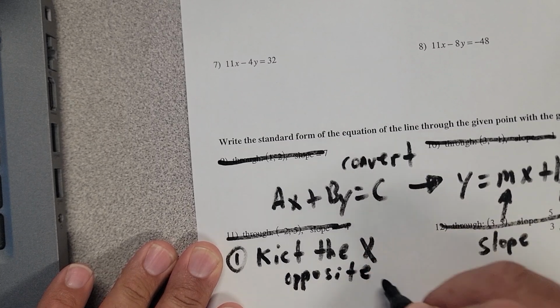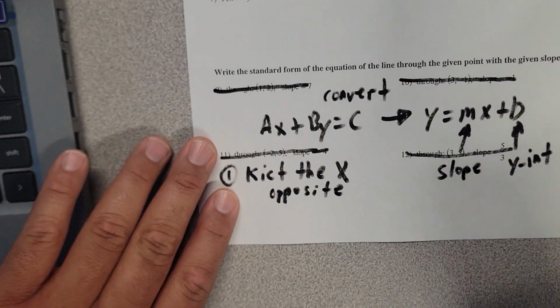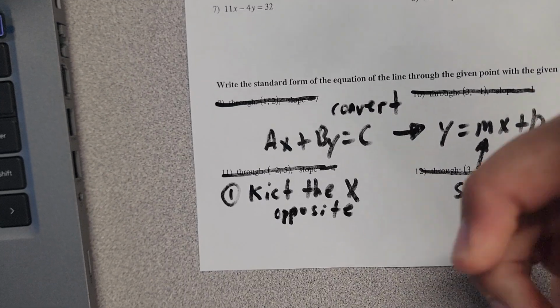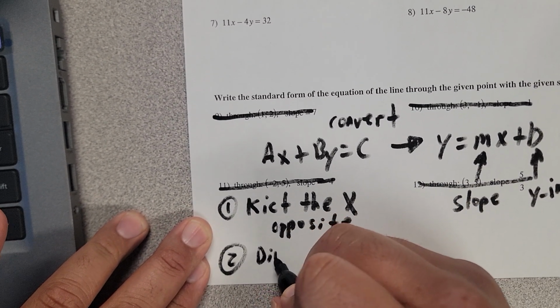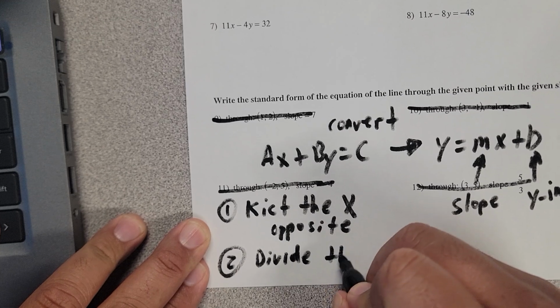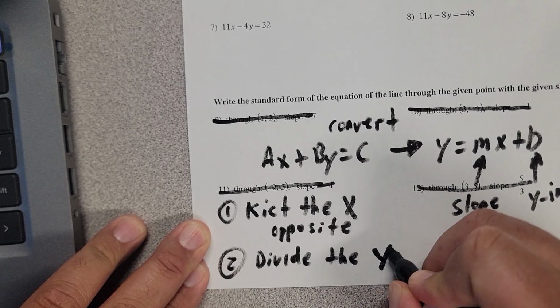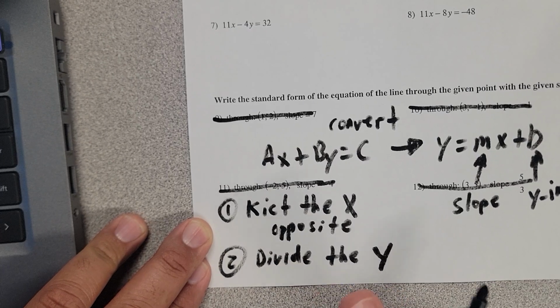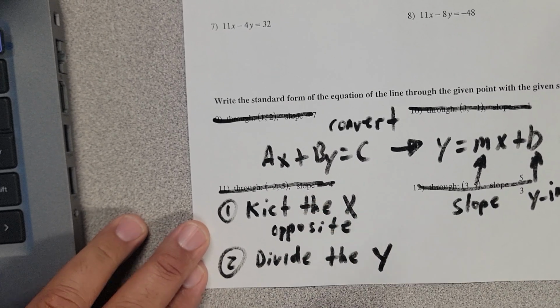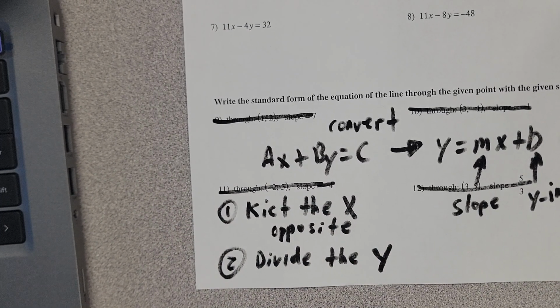So kick the x opposite, and I'll tell you what that means. That's my step 1. My step 2 is divide the y number. So kick the x opposite, divide the y. This is not opposite, only the x is opposite. So copy that down.